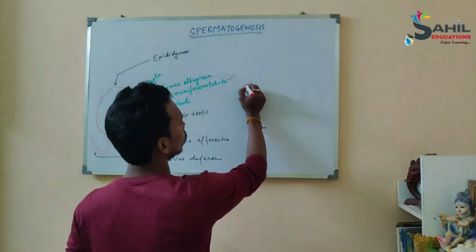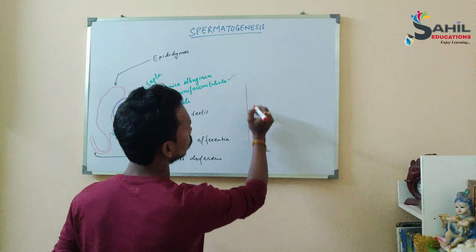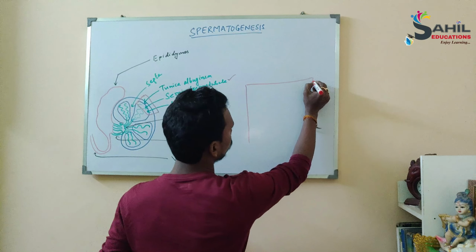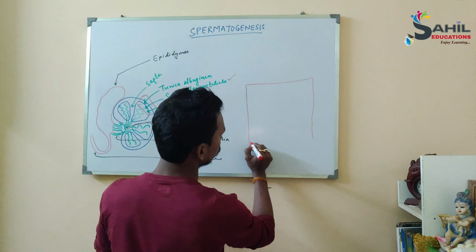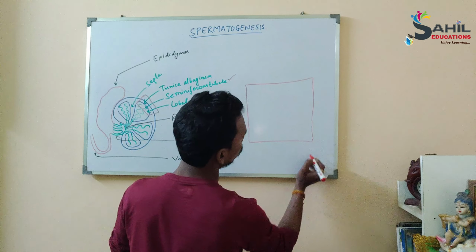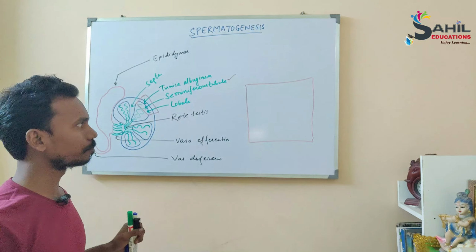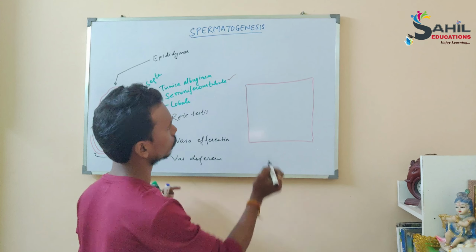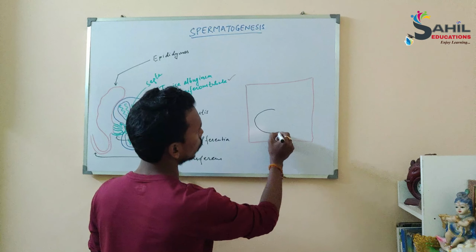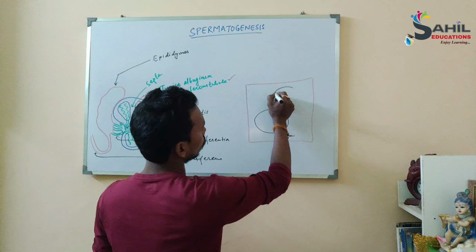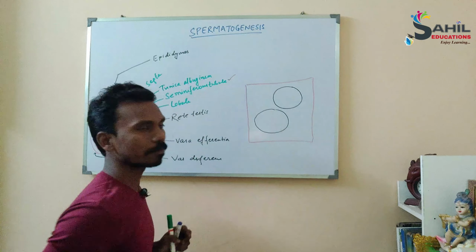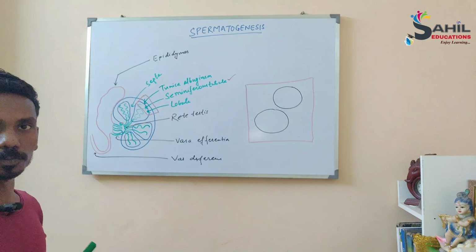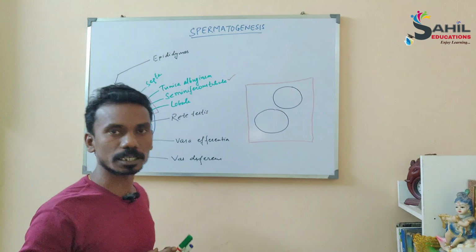You'll see a square or rectangular block under a microscope, and the seminiferous tubules will look like this. So these are your seminiferous tubules, circular in structure.